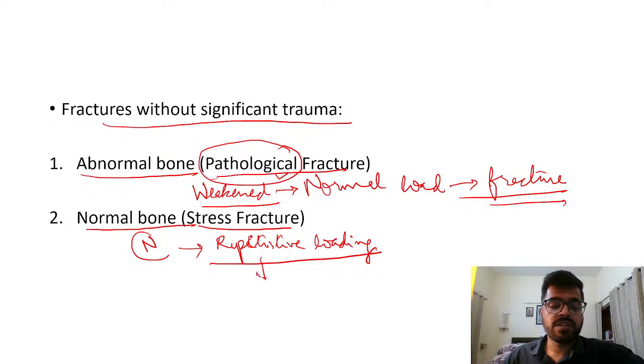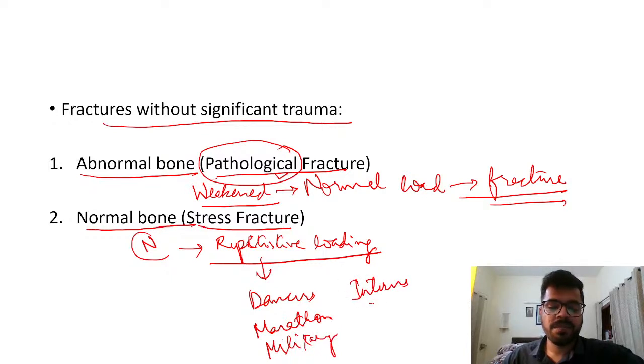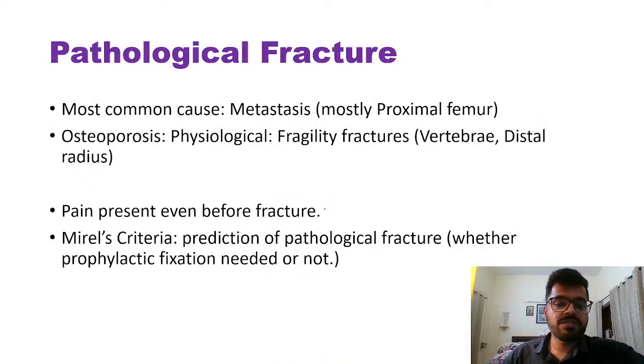For example, in dancers, marathon runners, military recruits, interns. So they can have stress fractures. So that's the difference. So pathological fracture, most common cause is metastasis.